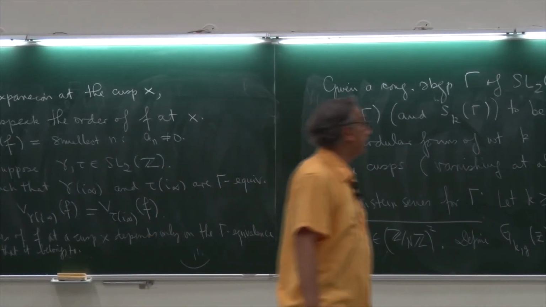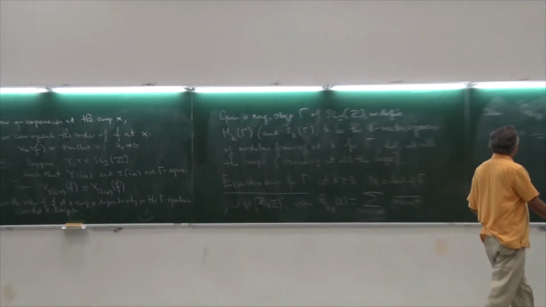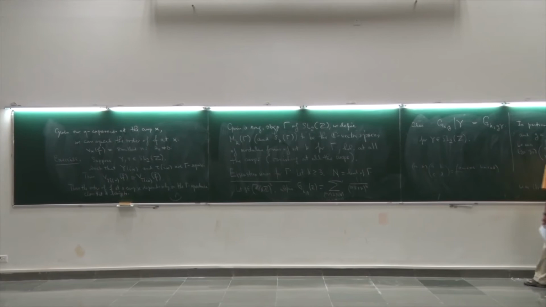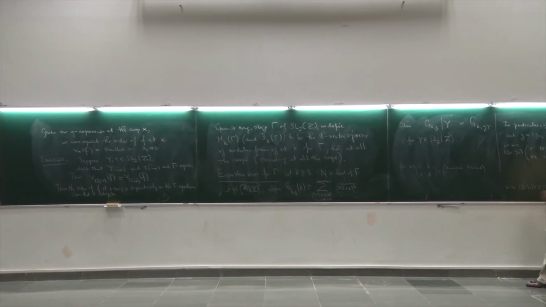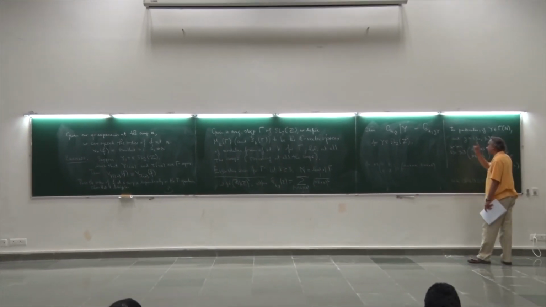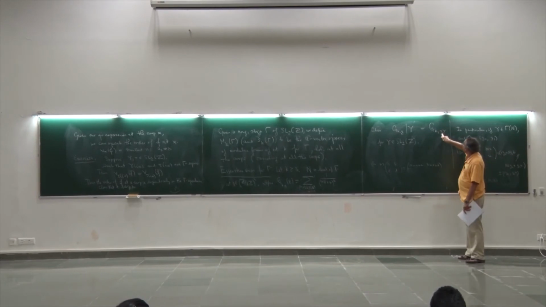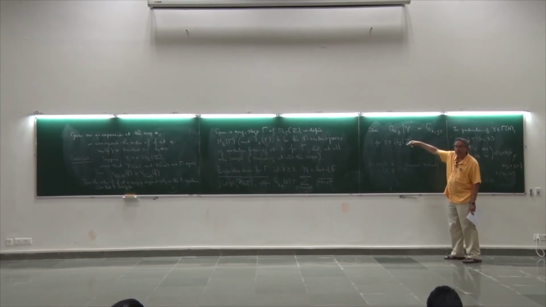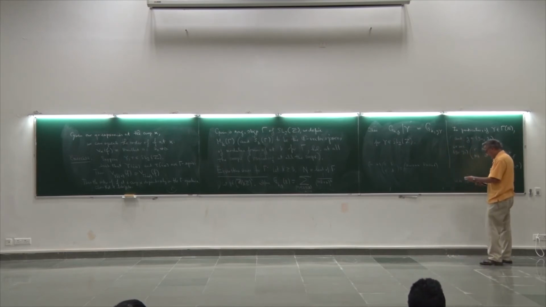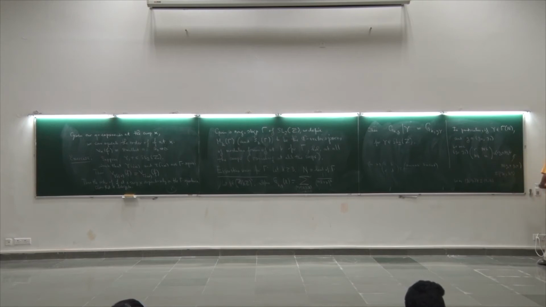Okay, so that gives you, of course, I didn't discuss the holomorphy at the cusps, but let's not worry about that right now. But it certainly transforms, because G gamma is the same as G, it turns out that these are modular forms of weight k for the group gamma of n.